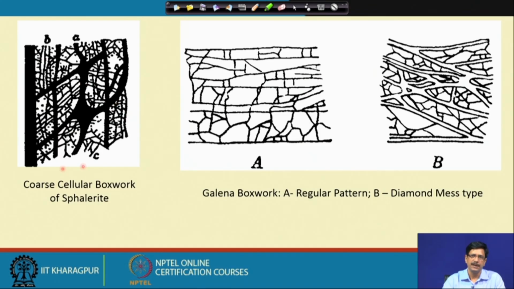After the sphalerite is leached out, the zinc is leached out by the acid that is generated on the surface, and these spaces are again filled up by limonite. This gives a look of a coarse cellular boxwork in sphalerite. This boxwork is a typical pattern which comes out of galena rich ore, and here is a regular pattern. This is a diamond mesh type pattern.